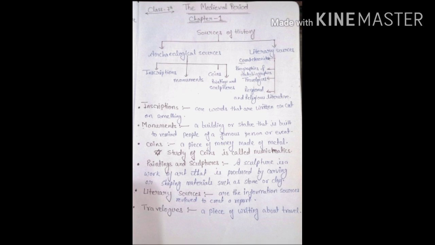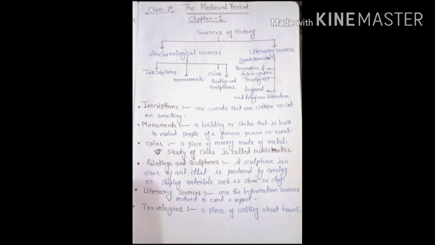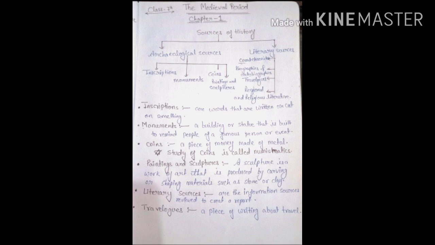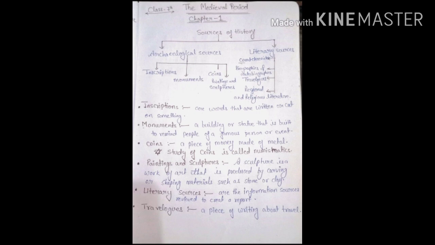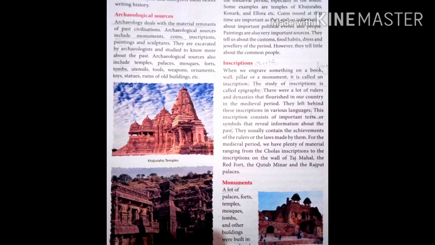Now students, what are archaeological sources? Archaeological sources are basically material evidences like inscriptions, monuments, coins, paintings, and sculpture. They also include temples, palaces, mosques, forts, tombs, utensils, tools, weapons, ornaments, toys, statues, ruins of old buildings, etc. At that time a lot of temples were built in India during the medieval period, especially in South India.